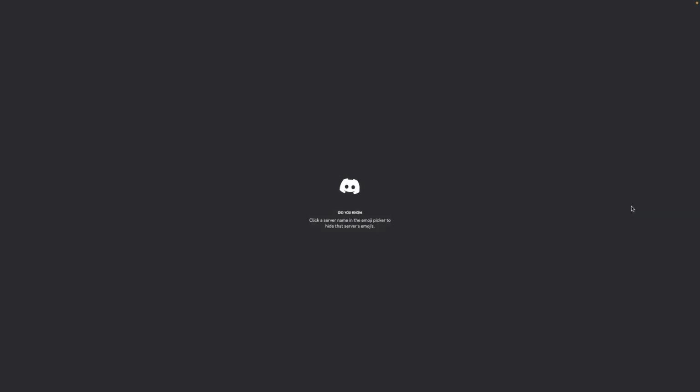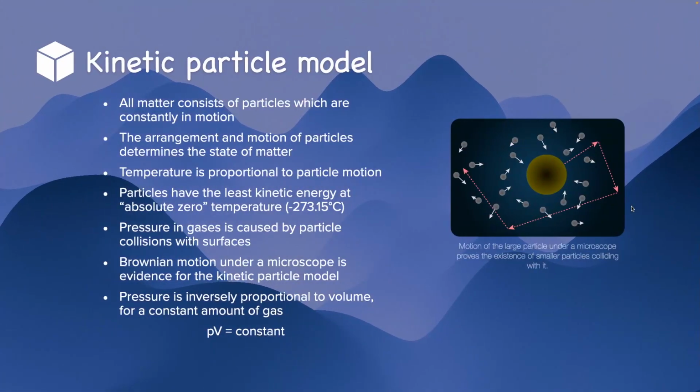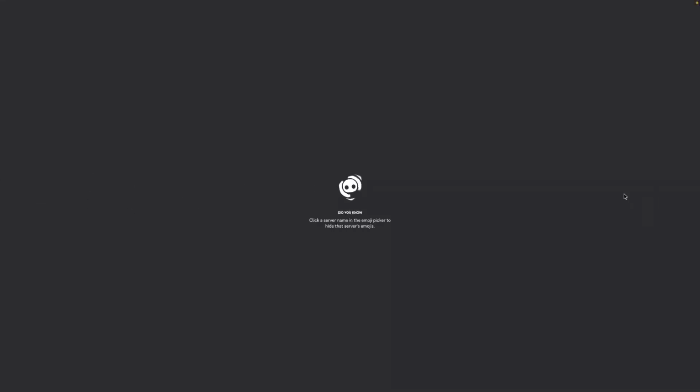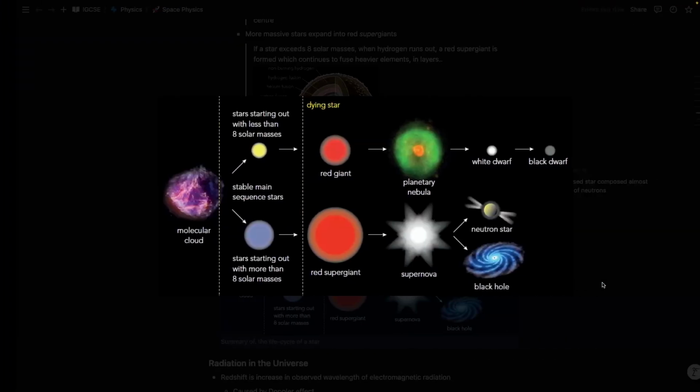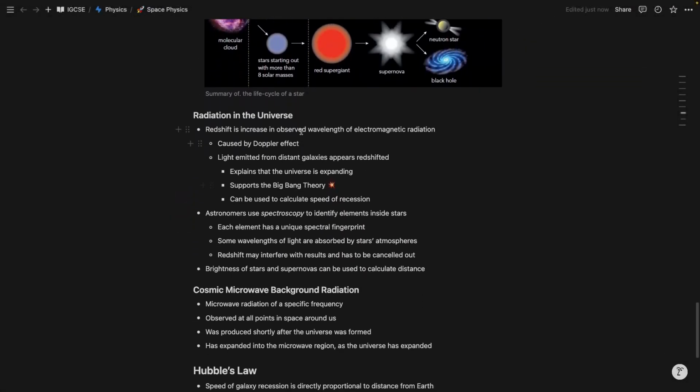Galactic redshifts. Okay. I hope you guys can hear me. Redshift is when the wavelength of electromagnetic radiation, as observed by you, increases because of the Doppler effect.